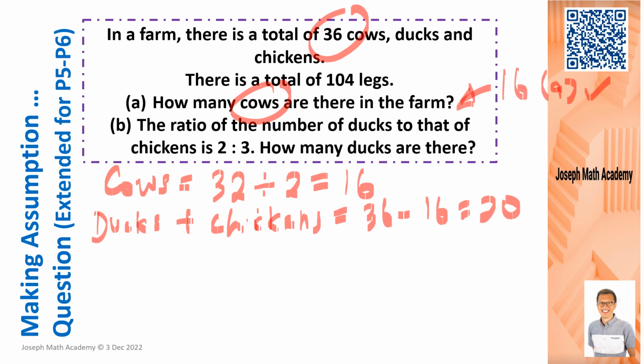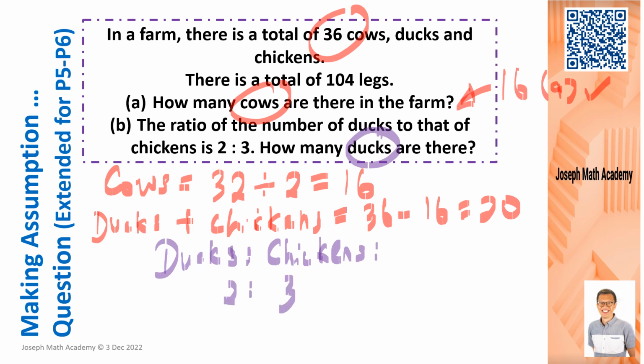Now part B, we want to answer the question, how many ducks are there? The P5 and P6s will know how to use ratio. Ducks colon chickens means we use ratio representation. So ducks to chickens, 2 is to 3, and then their total is 5. Ducks 2 units, chickens 3 units, total 5 units. And the total is 20.